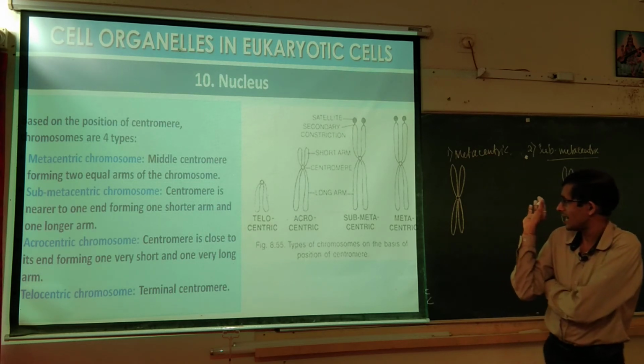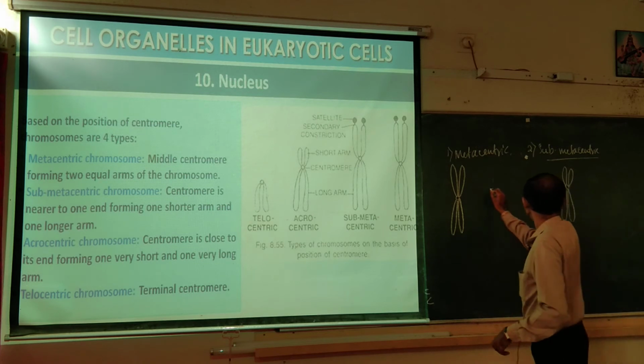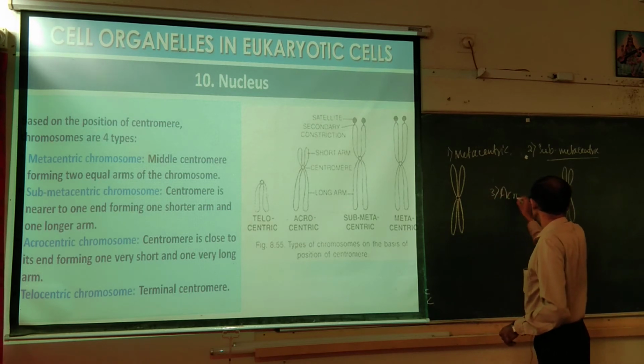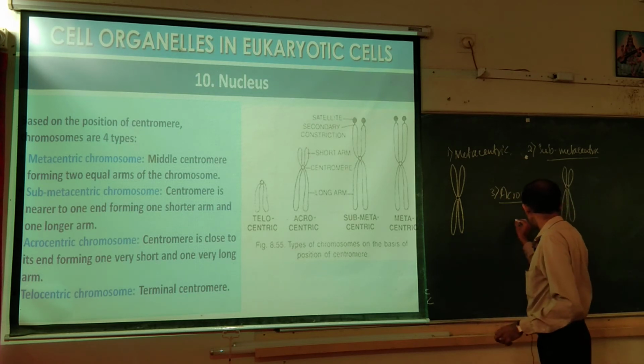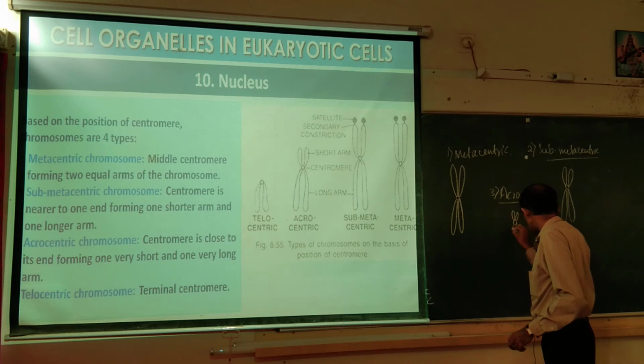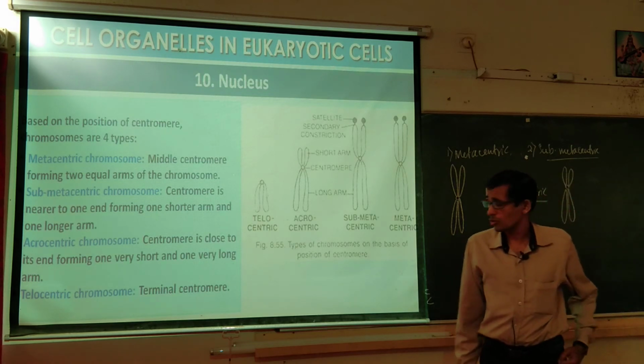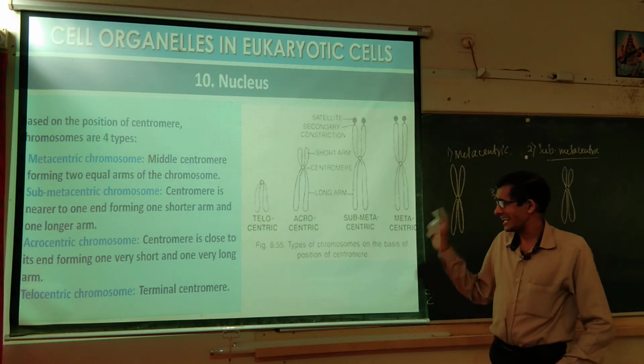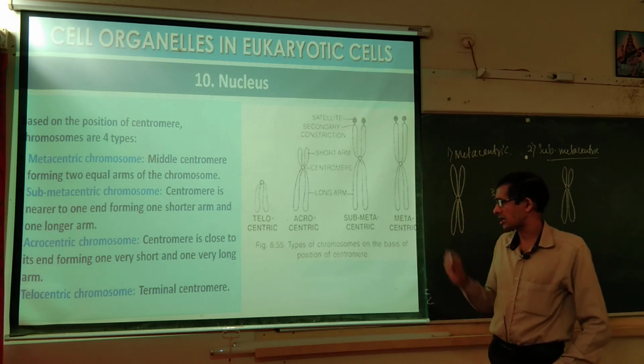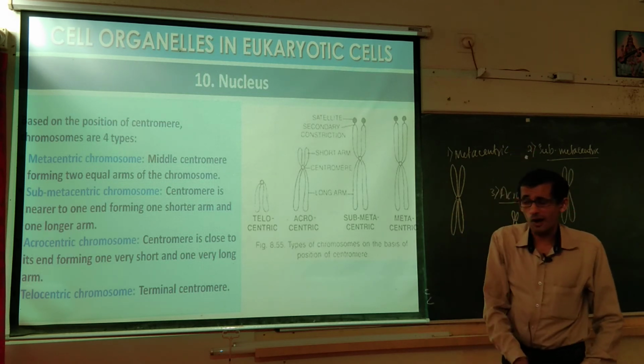The third one is the acrocentric. Here there is one very short arm and another very long arm. The centromere is close to one end, forming one very short arm and one very long arm.